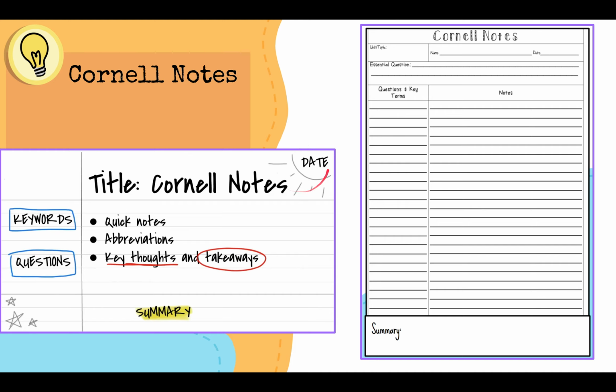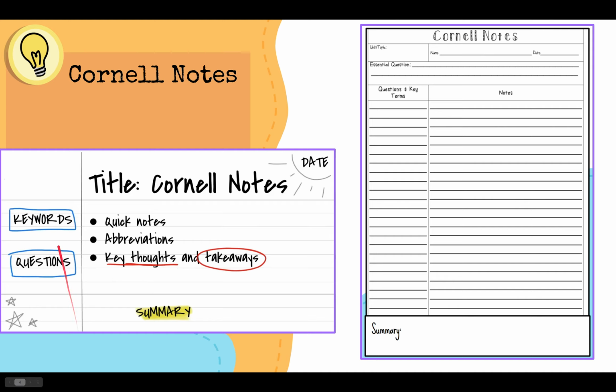The date is very important because you can always refer back to that date for those specific notes. Then you're going to write your title or the topic or the question, your guiding question. When you're taking notes, you always want to have something to guide you in order for you to take relevant notes. Then you're going to divide your paper into 3 different sections.